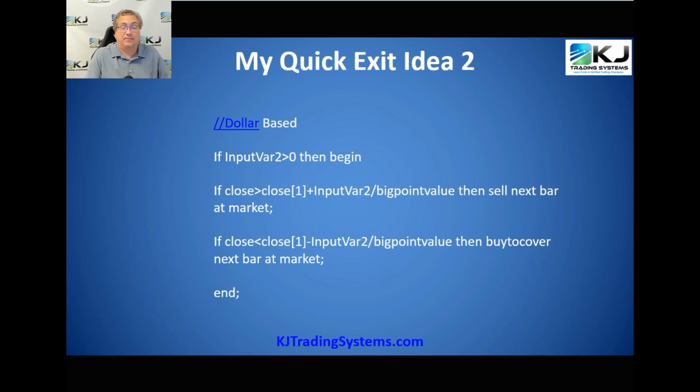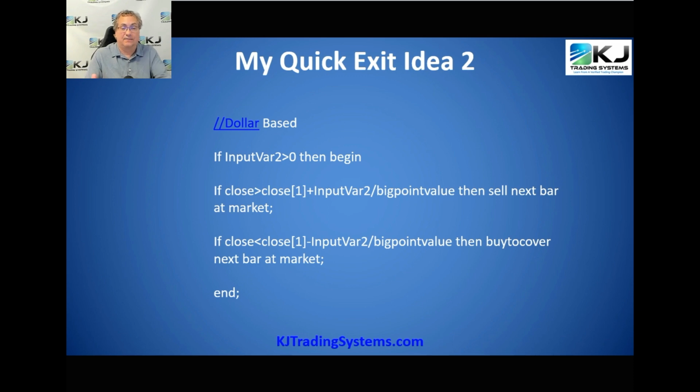Okay. So in the earlier video, I did it with average true range using quick exit. Now I'm going to do a dollar-based one, because the average true range one, you can watch the video, didn't work out too good. So what I do here is, when today's close, or this bar's close, is greater than the previous close plus a certain dollar amount converted to points, then you get out.